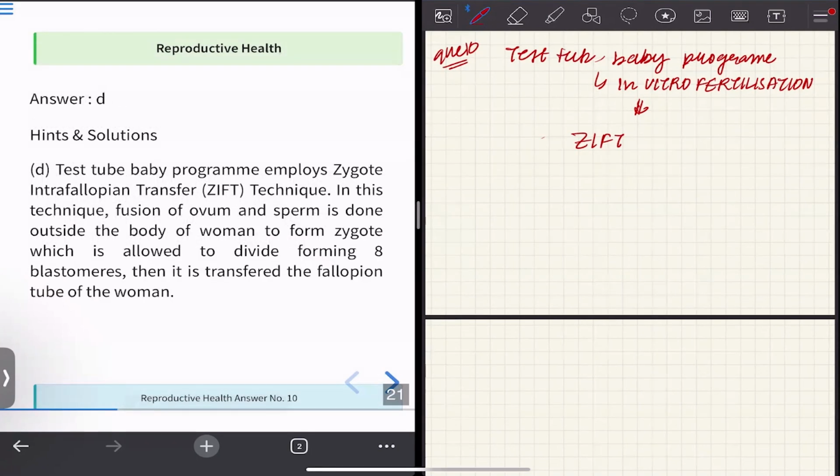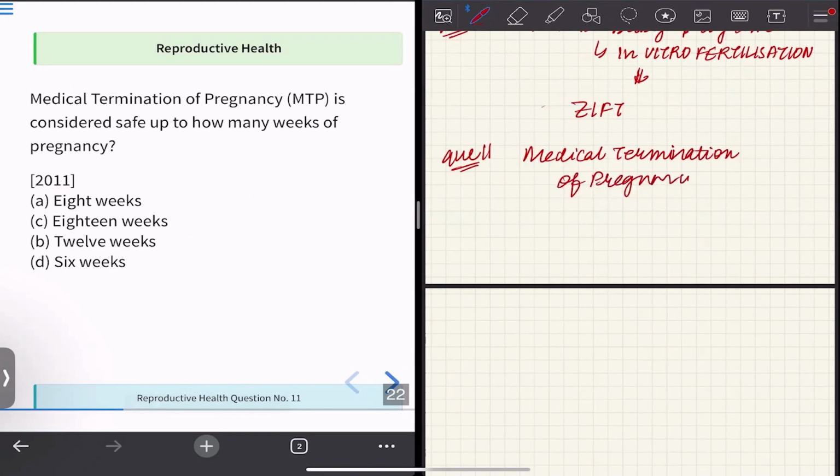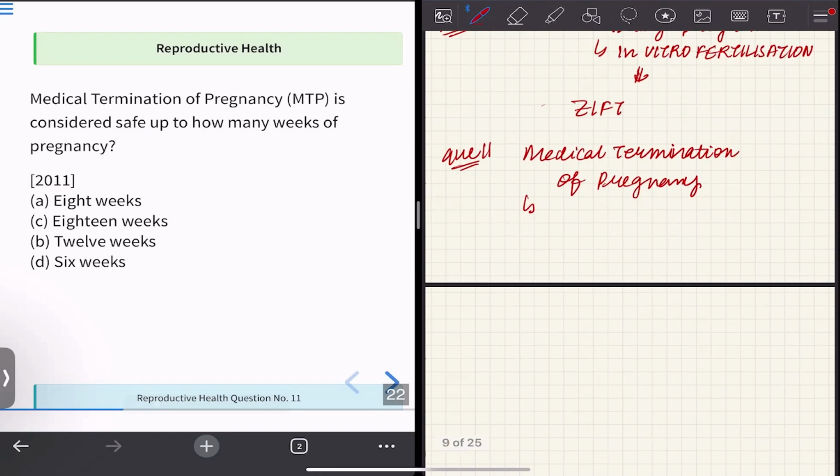So we have medical termination of pregnancy. Medical termination of pregnancy is considered safe up to 12 weeks.